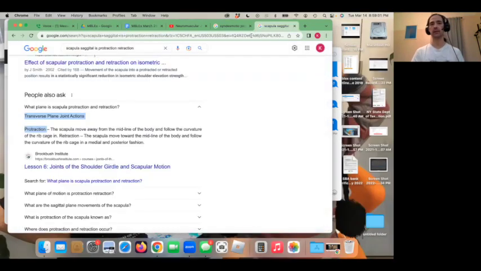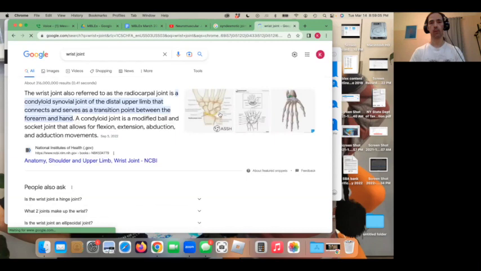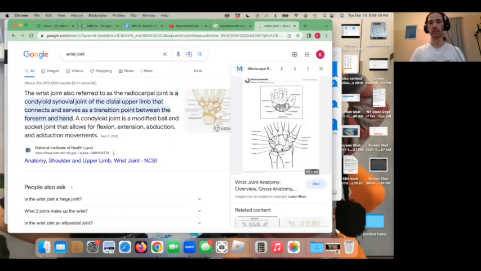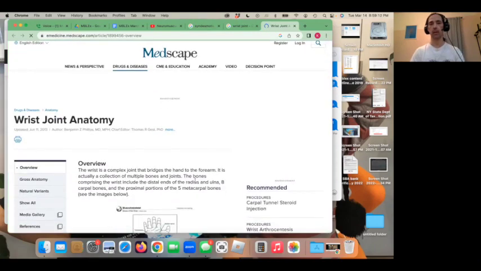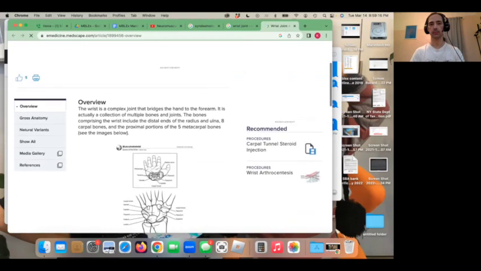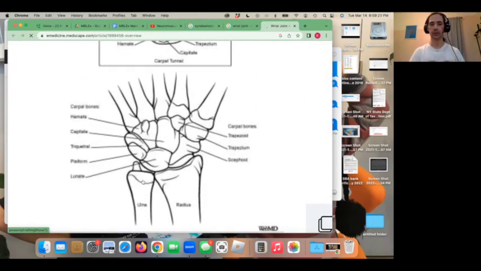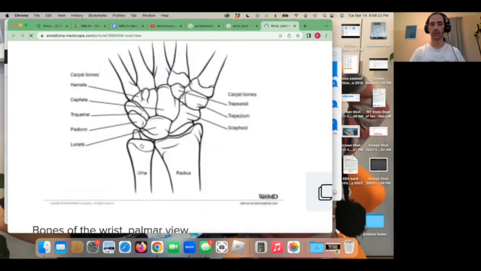So if we look at the wrist joint, you can see that overall there's a very shallow ball and socket or an ellipse shape. If we consider the ulna and the radius to be one bone, this is like an ellipsoid shaped socket.